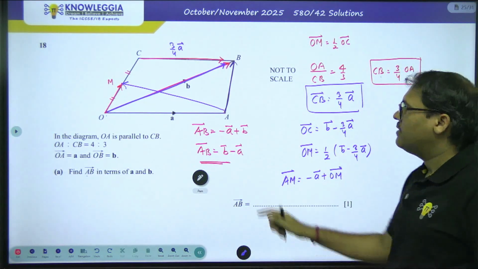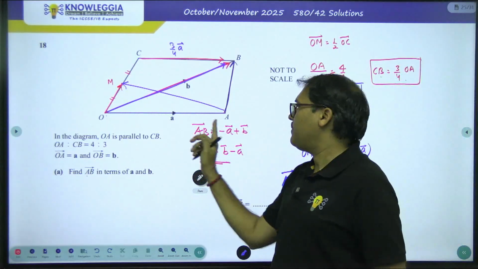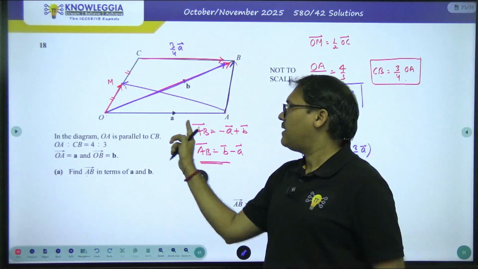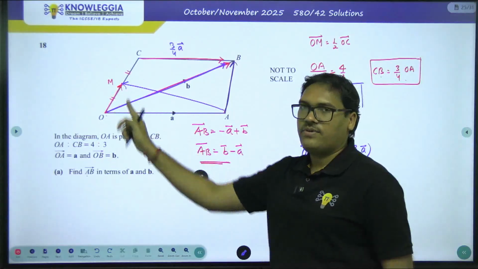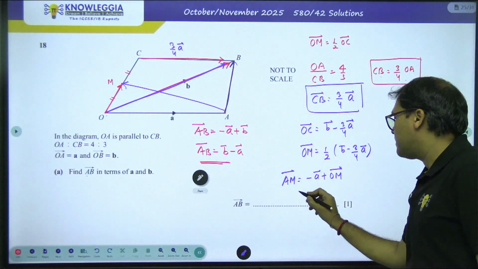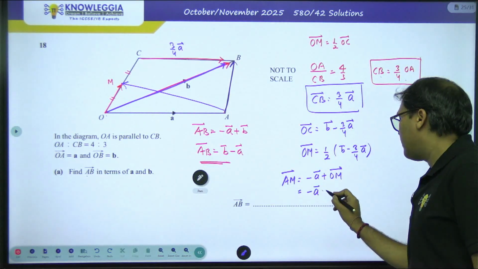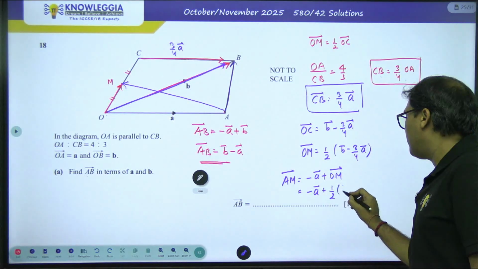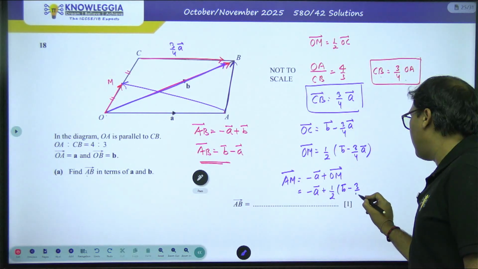I hope this is clear. You are going from A to M, which is the same as going from A to O, that is minus A, and then OM vector. Now what is this? This is equal to minus A plus 1 by 2 B minus 3 by 4 A.